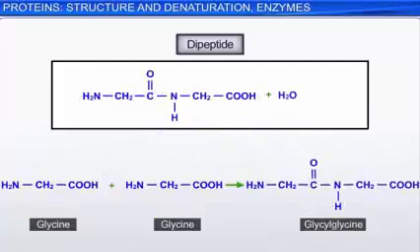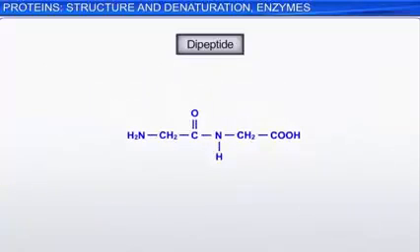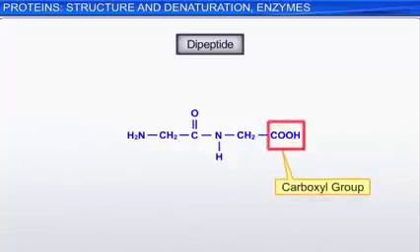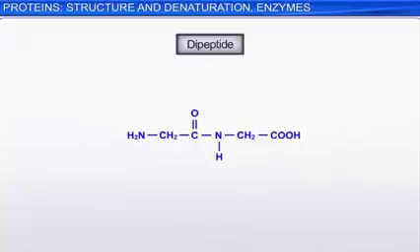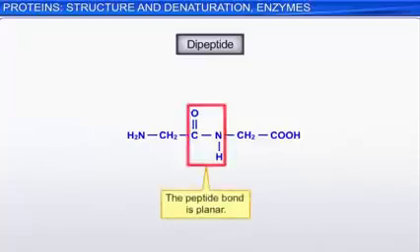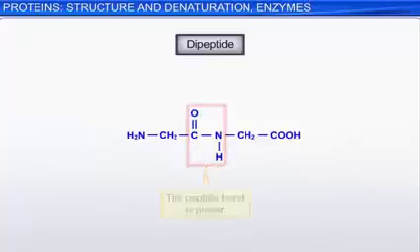Note that, by convention, the amino end is shown on the left and the carboxyl group is on the right of the resulting dipeptide. Also note that the peptide bond is planar. The C, O, N, and H atoms are all in the same plane along with the alpha carbons.